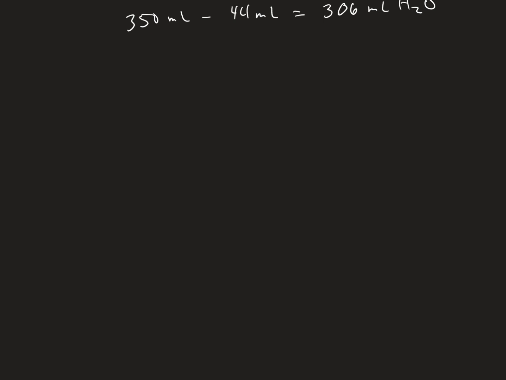All right. Let's say we have 350 milliliters of a 3.2 molar concentration of NaOH, and we only want to use 25 milliliters of this. Sorry, I'm making it more complex than it has to be.